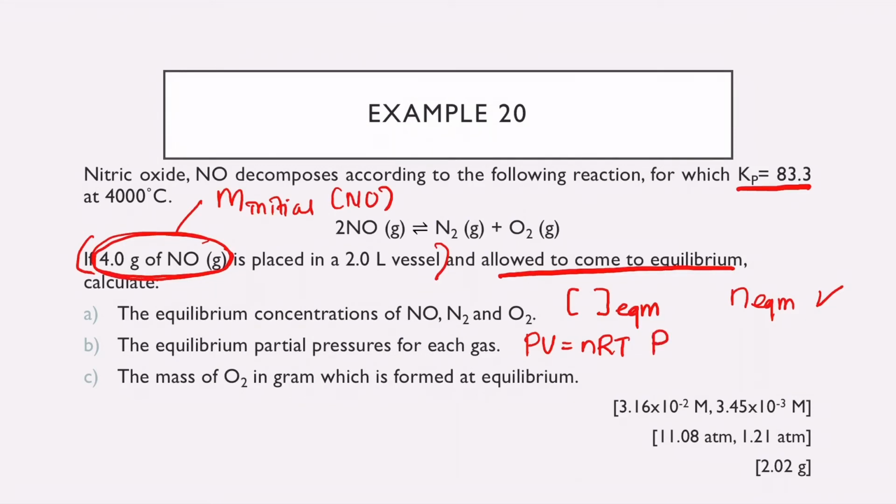So contohnya for N2, your formula will be like this. So volume. So you have your mole at equilibrium of N2, then R and T. Okay? So and then you can find the partial pressure for each gas. Boleh? And then the third question, mass of oxygen tu awak boleh cari lah juga.